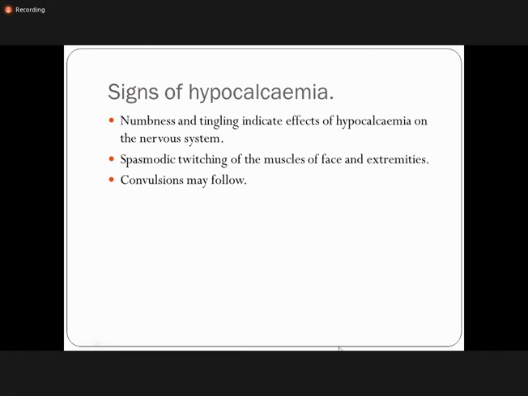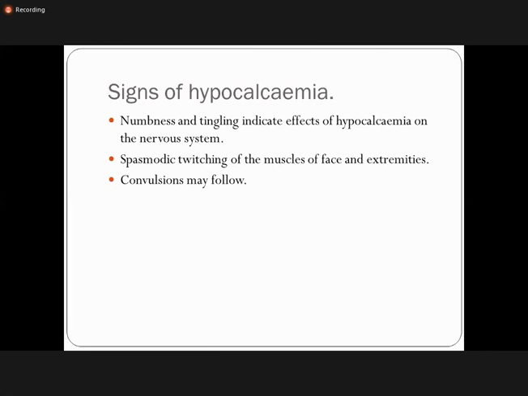Okay. So the only thing that I want you to remember for hypocalcemia is increased excitability of tissues. There is a whole pathway involved with calcium. I'm not going to go into that detail, but basically calcium maintains the excitability of tissues.